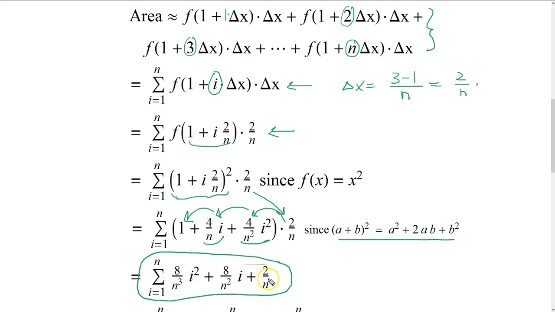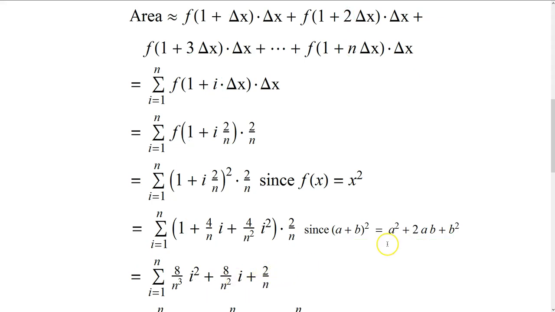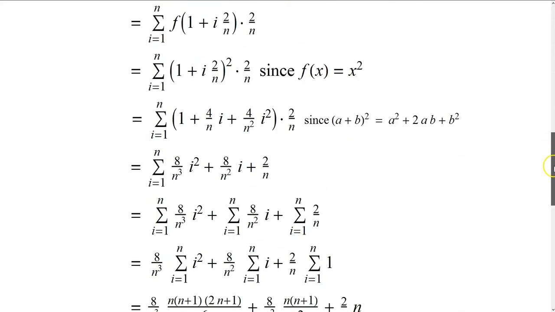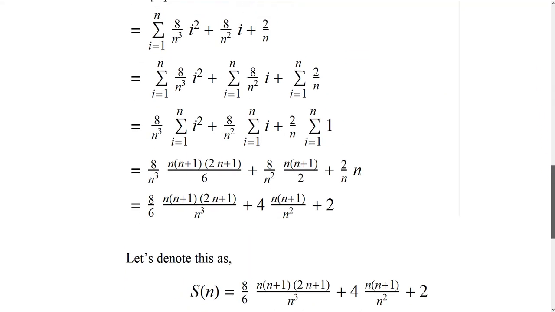And now we're going to break this apart and evaluate it using the previous theorem that we looked at. So here's how this simplifies. What we're doing here is we simply distributed the summation to this term, and this term, and this term individually.